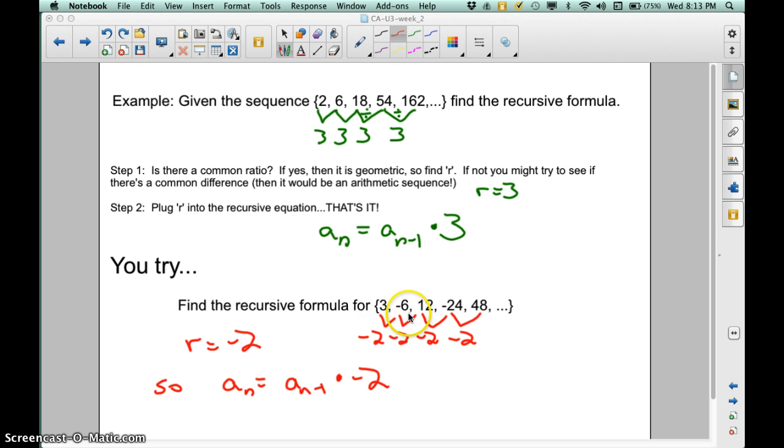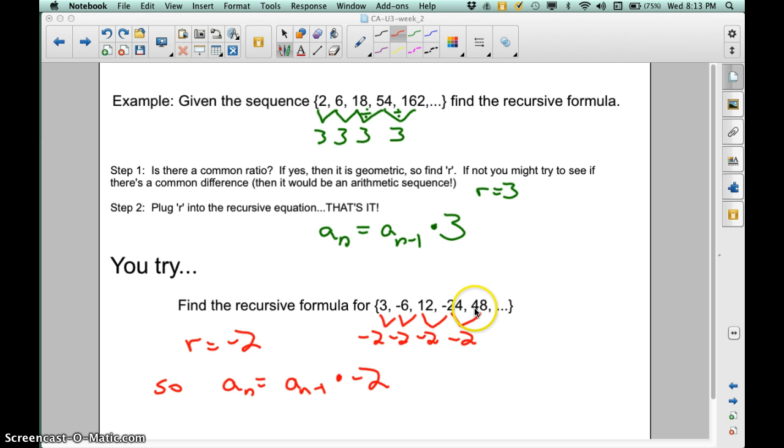It starts positive, then it's negative, then it's positive, then it's negative, then it's positive. Because when we multiply, moving forwards, by a negative, the positive number times negative gives you negative. Now you're starting with a negative, and when you multiply by another negative, you get a positive. And that's why it flip-flops back and forth.